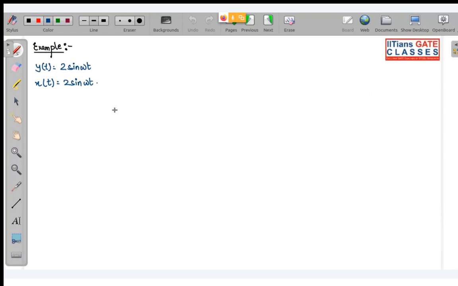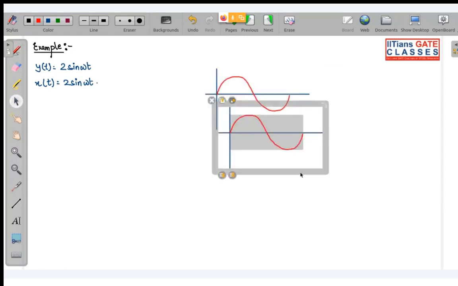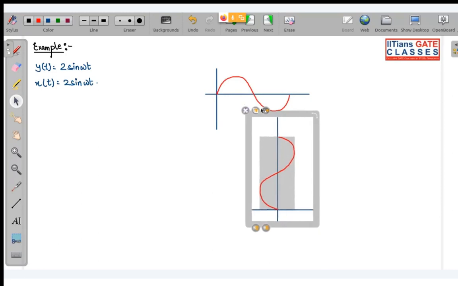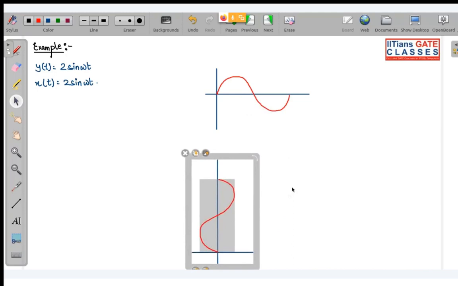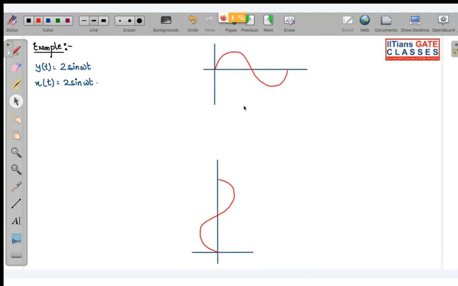Can we draw these two signals on the screen of the CRO?